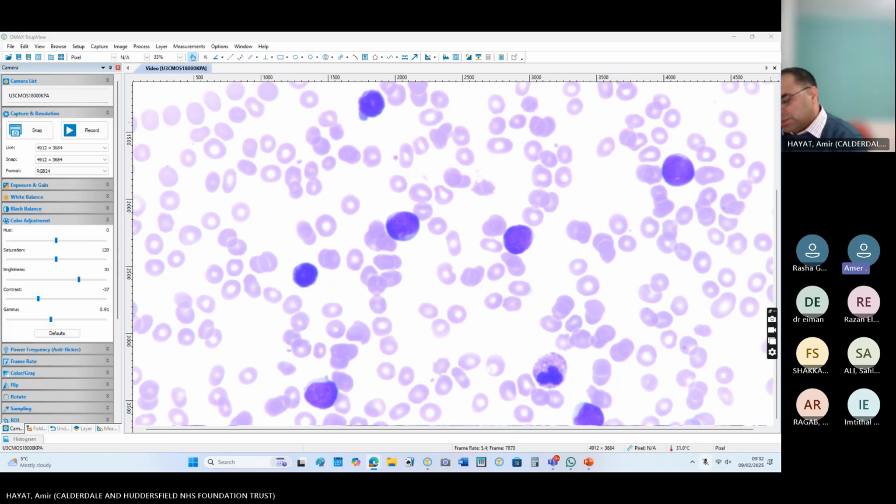TdT is positive as well. What about surface immunoglobulin? The surface immunoglobulin is negative, but weak. It is weak. CD79A, what about it? CD79A is negative.